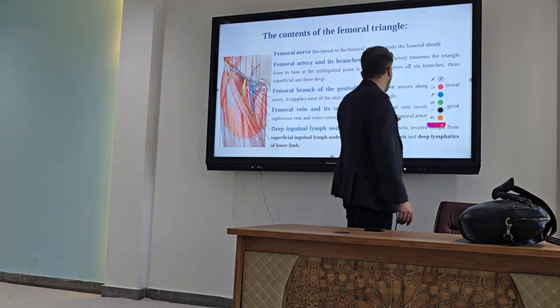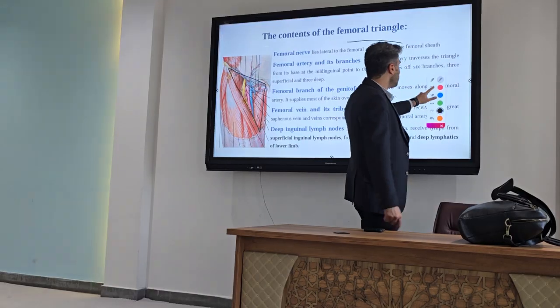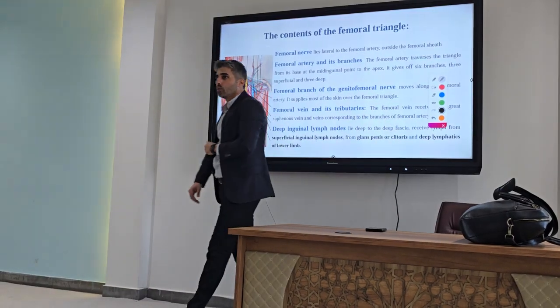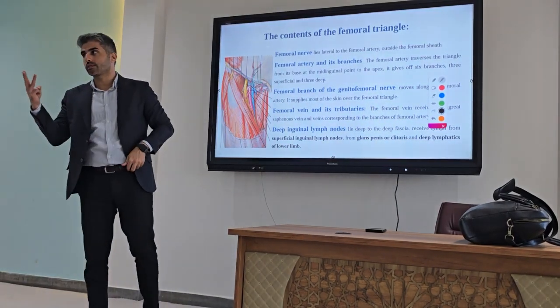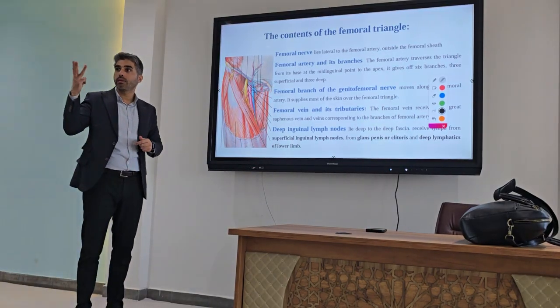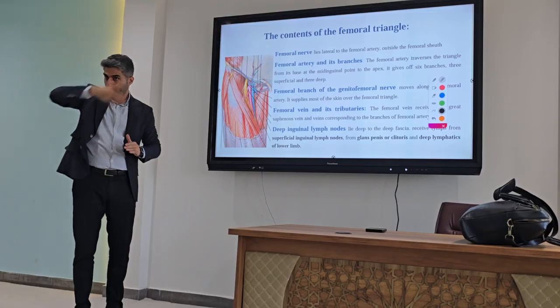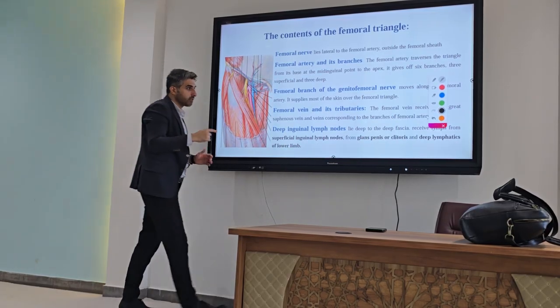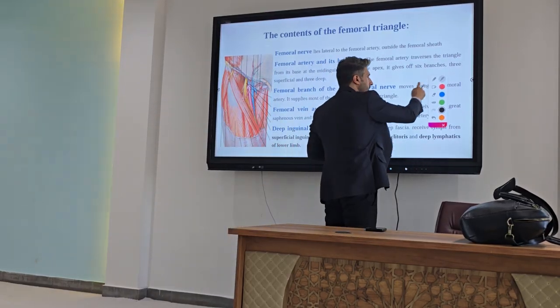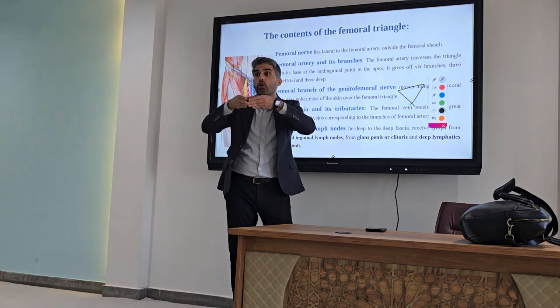So why is this triangle important? Let me tell you. Inside of this triangle, you have 3 big structures. No, muscles are the wall of the triangle. When we say triangle, like this for example, muscles are making this triangle.